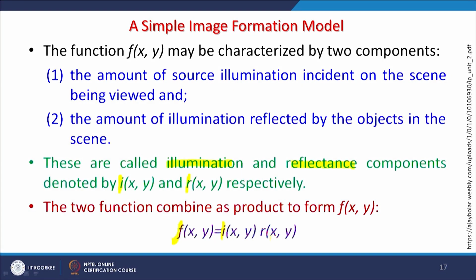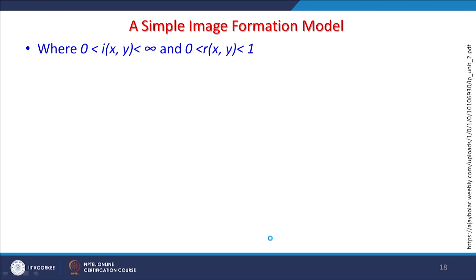So, it depends on what illumination and reflection we are having. A simple image formation model is that 0 is less than f of x and y, which is less than infinity, and 0 is less than R of x and y, which is less than 1.